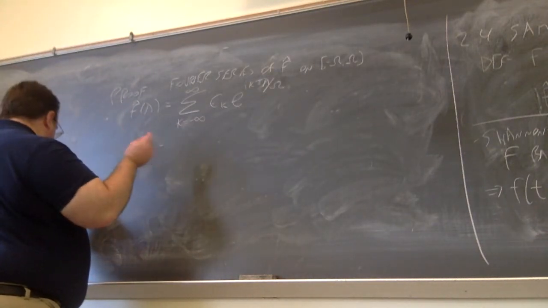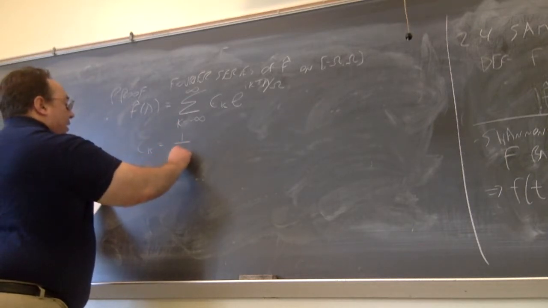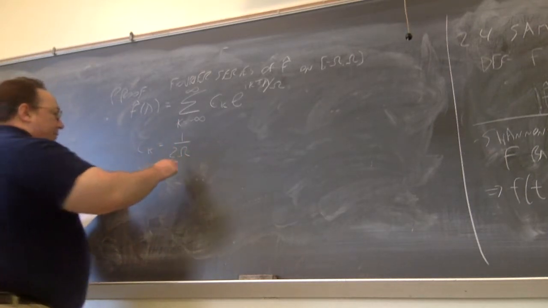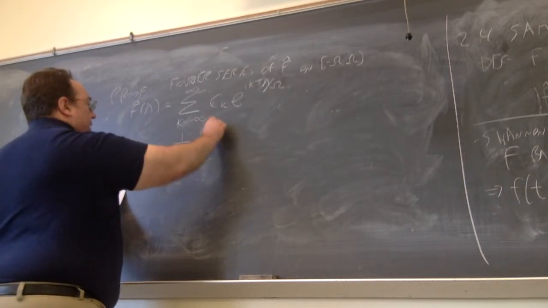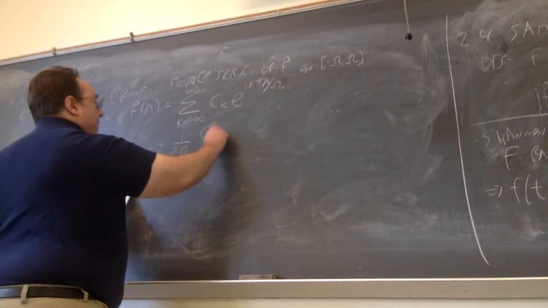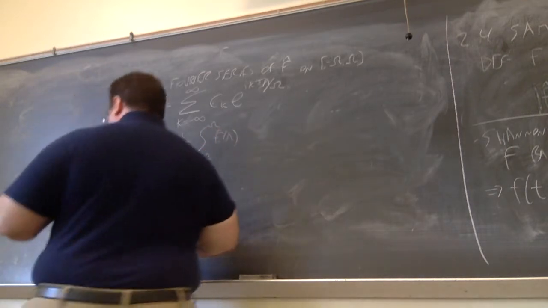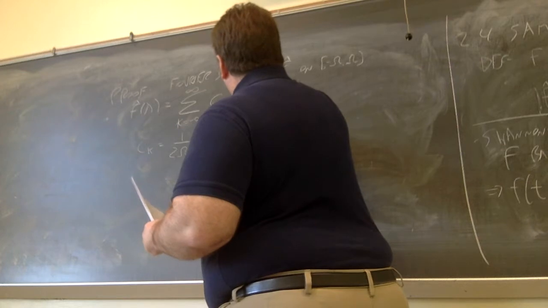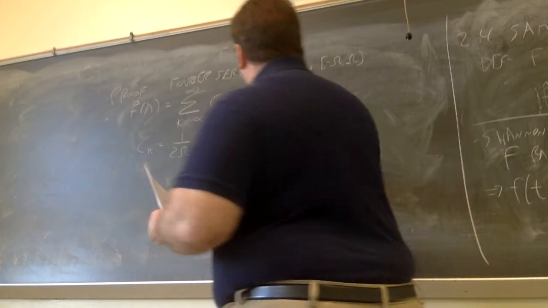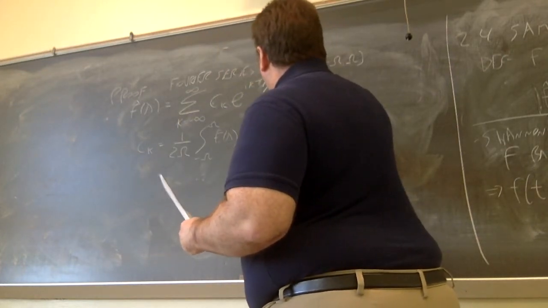So this is a formula for a complex Fourier series on a general bounded interval. So 1 over 2 omega, integral from minus omega to omega of f hat e to the minus i k pi lambda over omega d lambda.